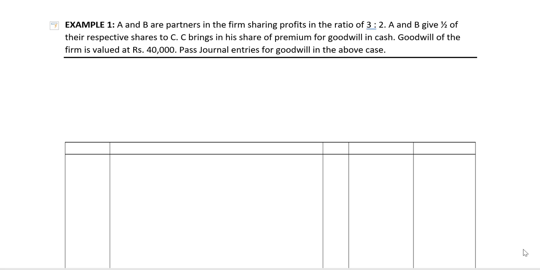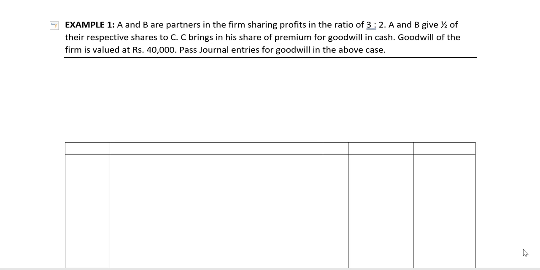A and B give 1/2 of their respective shares to C. C brings in his share of premium for goodwill in cash. Goodwill of the firm is valued at rupees 40,000. Pass the journal entries for goodwill in the above case.